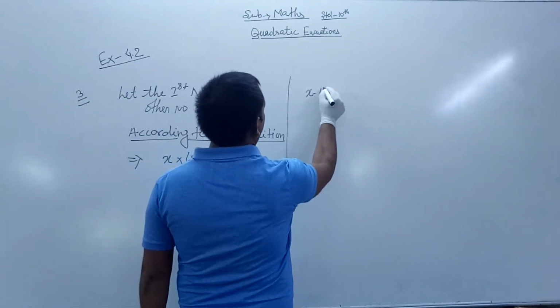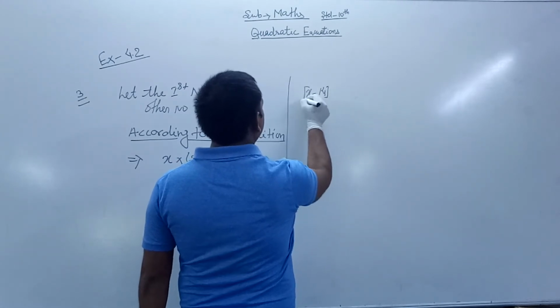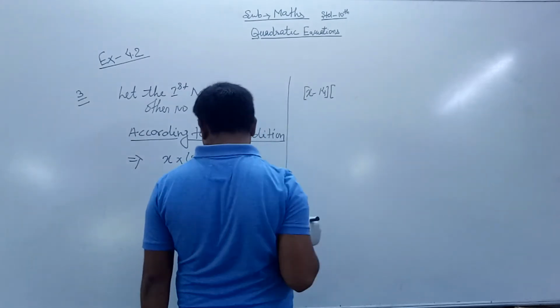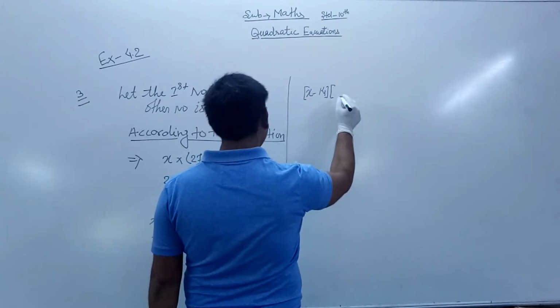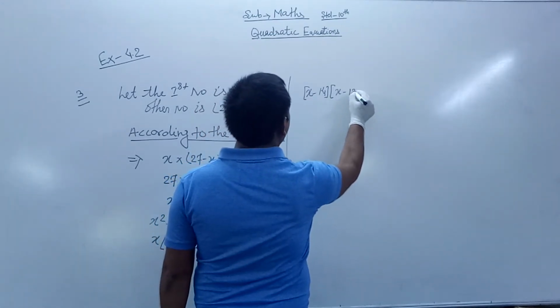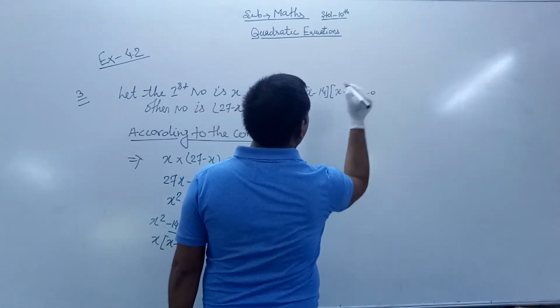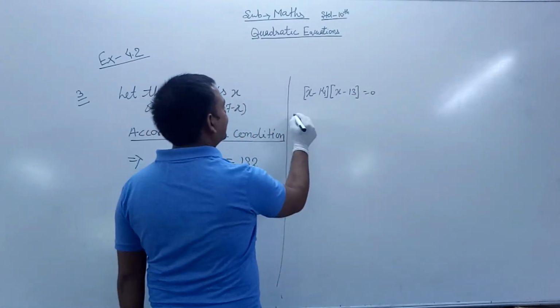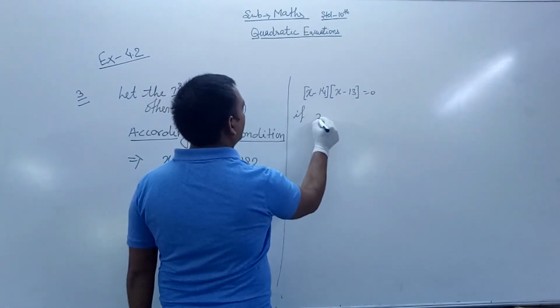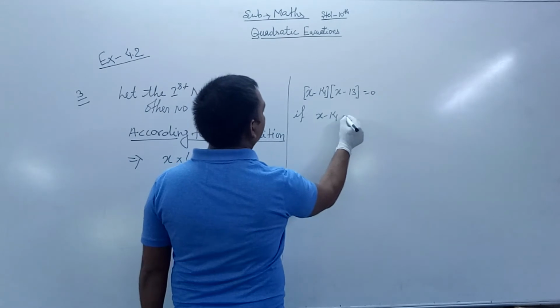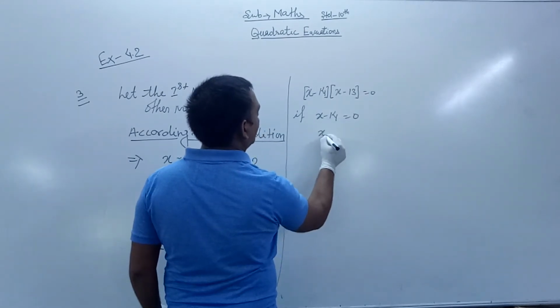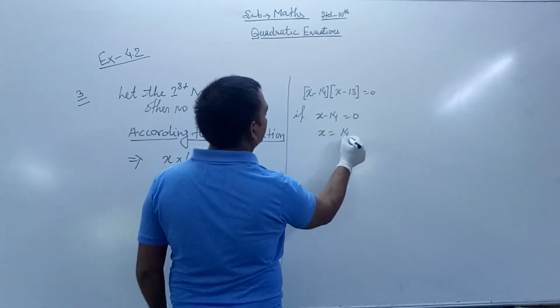If I take x minus 14 common, then the other bracket x minus 13 remains, and that is equal to 0. Condition: if x minus 14 is equal to 0, then x is equal to 14.